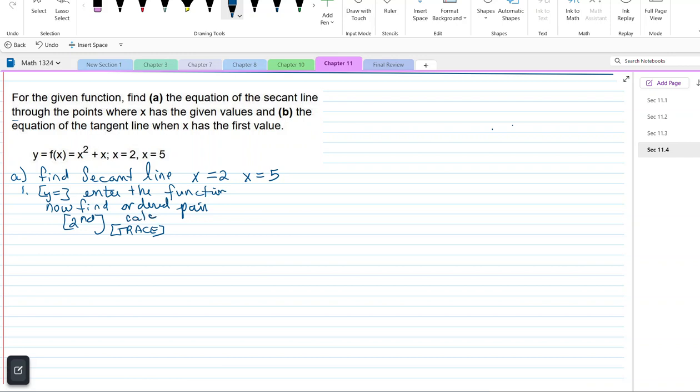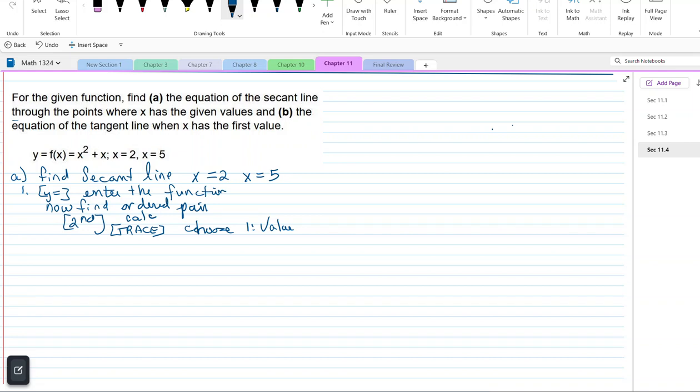Second calc. And then I'm going to choose number 1. And number 1 is value. And that means we have the x and we want the y.